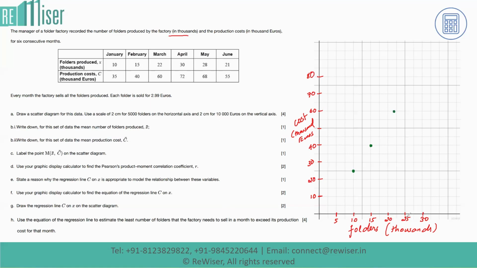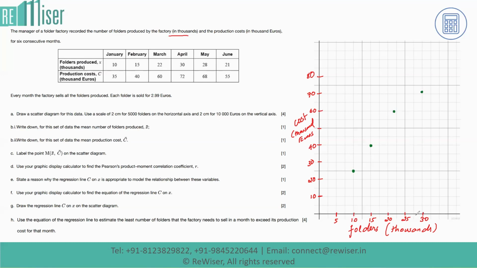Then we have (30, 72). This point would be 75, so 72 would be closer to this. Next we have (28, 68).